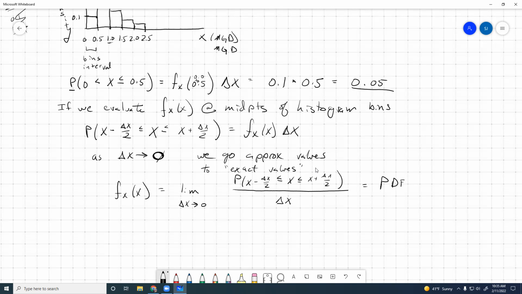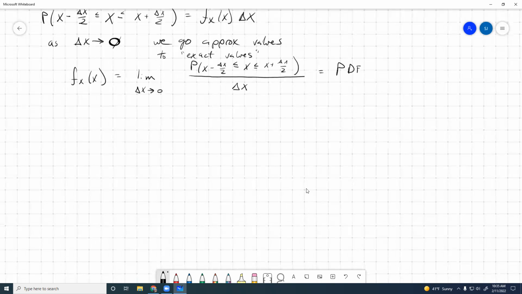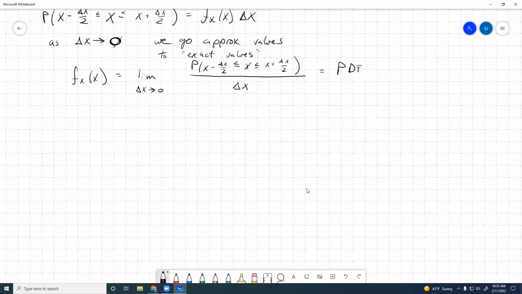This brings us to continuous variables and actually looking at functions. So probability distributions are functions. Let's look at how this plays out.